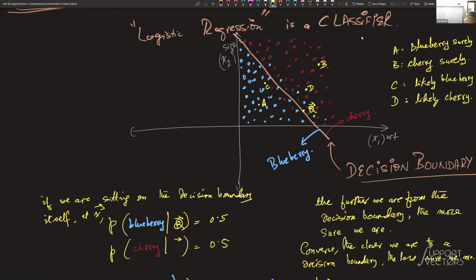Let me call it Q. Probability at the point Q. Do we agree? We are still on the same page. Now I'm going to take an arbitrary point X from the origin. Let us say I take this point, right? This point given by the vector X. Remember, every point can be represented by a vector X, isn't it? This point. And I ask you intuitively, what is it? Let me find the distance of this point from the decision boundary. This is your distance.